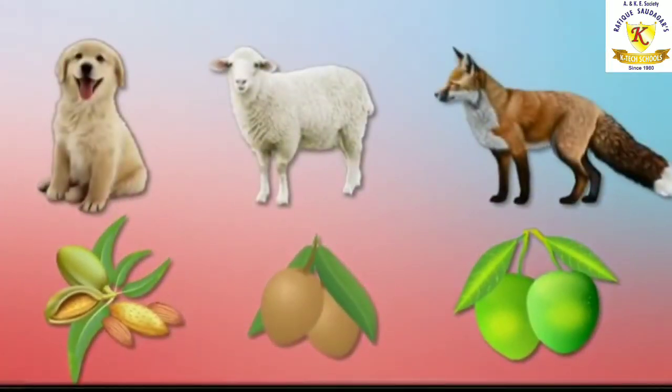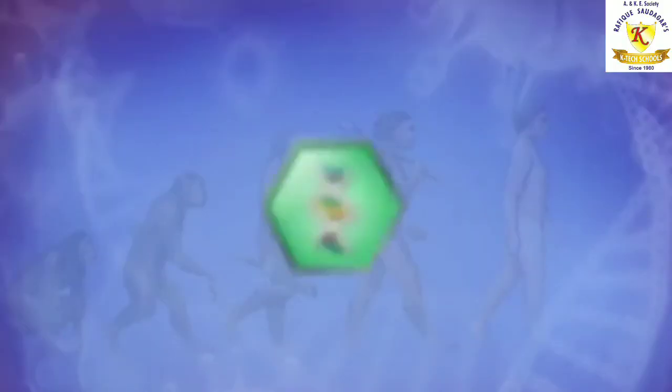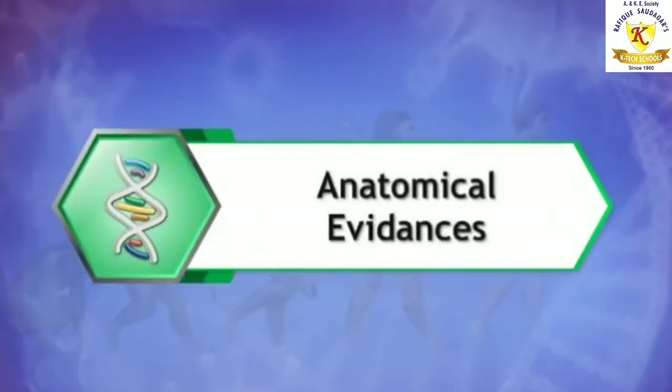This indicates that there are some similarities in those groups, and hence it proves that their origin must be the same and they must have common ancestors. Got it? Now the second one is anatomical evidences.